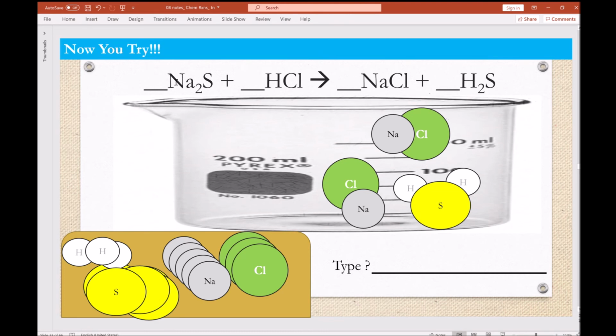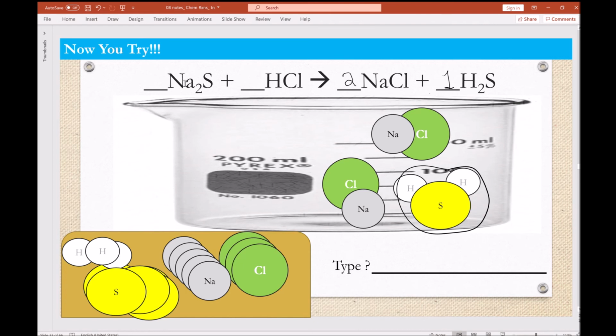Next, I can balance my equation just by looking at what I've made with my models. I have 2 molecules of sodium chloride, and I have 1 molecule of hydrosulfuric acid. Now these represent a whole mole of these, a whole quantity.